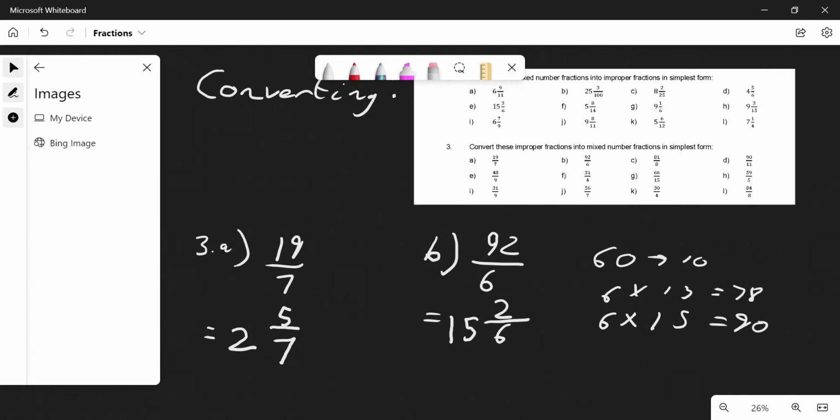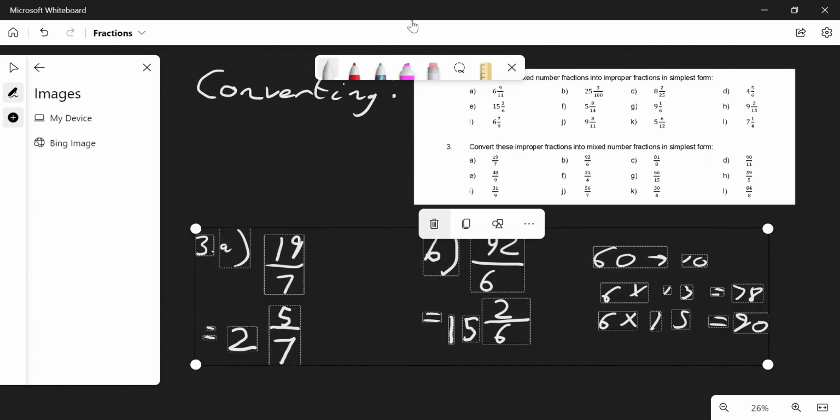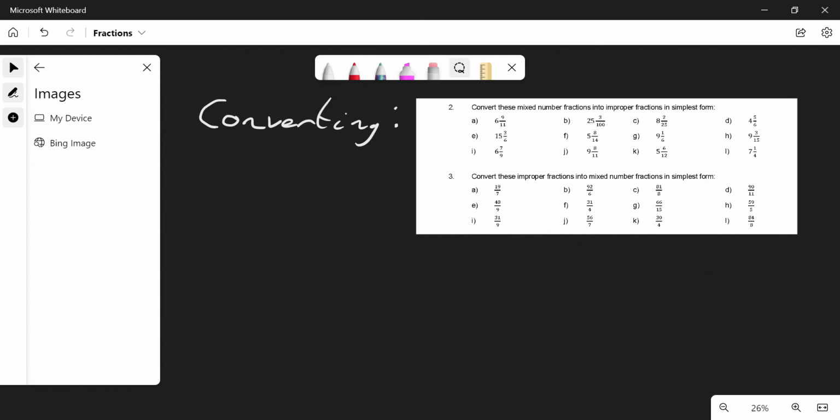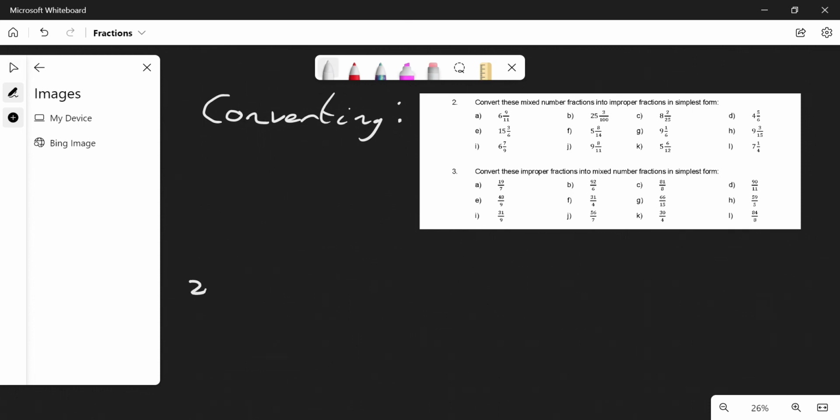But now let's look at our conversions from our mixed fractions to our improper fractions to just finish off the video. That conversion goes as follows. If we look at question 2a there, they give us a mixed number fraction that is 6 and 9 over 11, and they say convert that into an improper fraction.